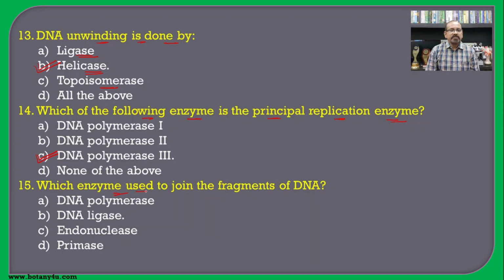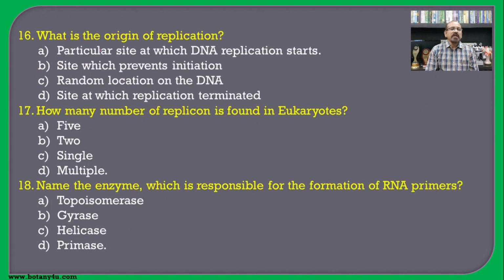Then, which enzyme is used to join the fragments of DNA? As seen earlier, ligase is responsible for joining DNA fragments or sealing the gap between DNA strands. So B is the correct answer for this question. Then, what is the origin of replication?